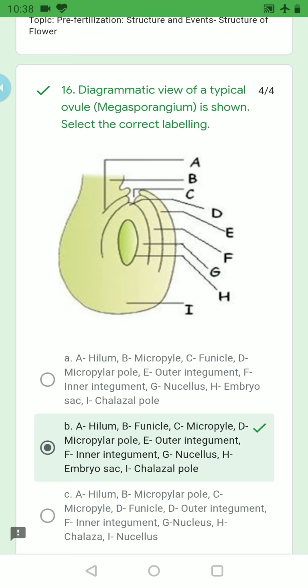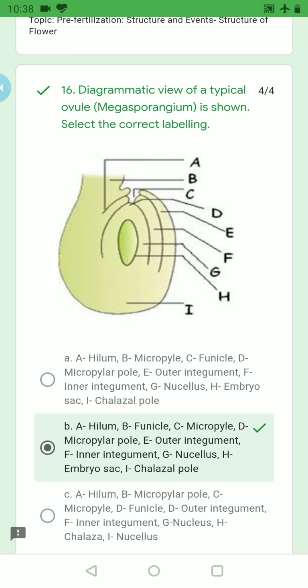You can identify easily. A is hilum, right? Then B, funicle. C is the micropyle region. D is the micropylar pole, which we can also call the micropylar end.